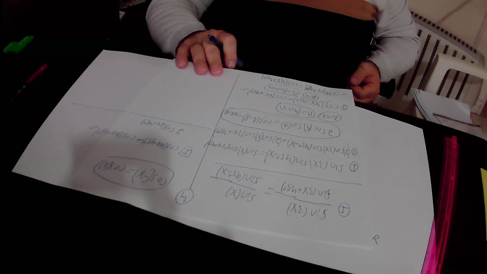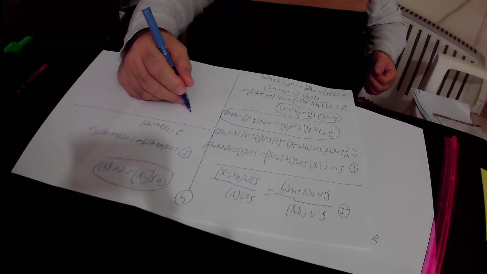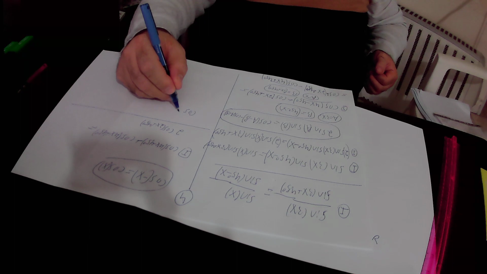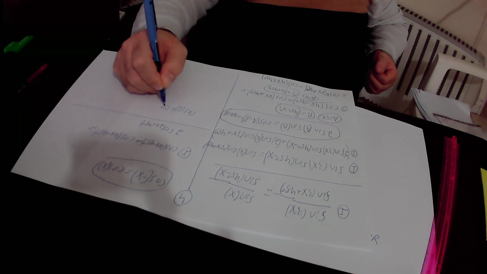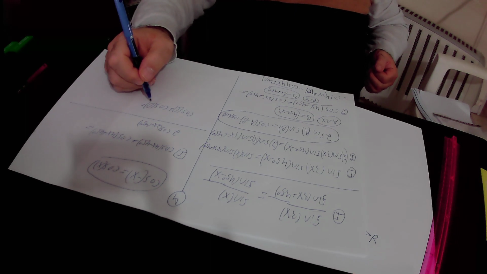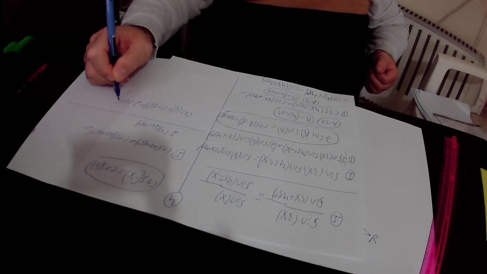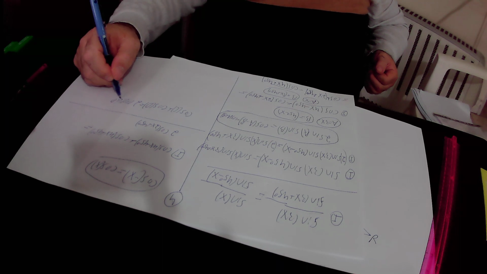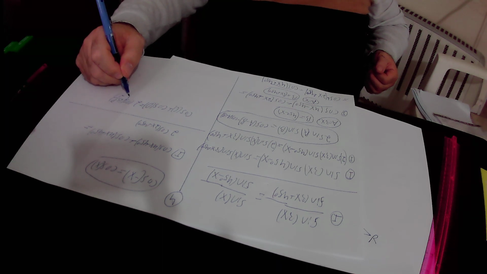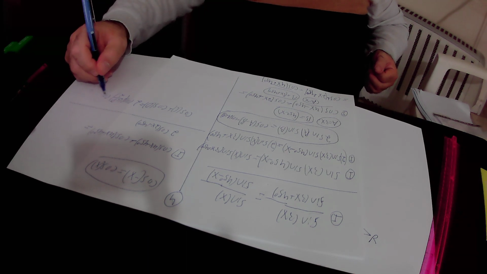We can use the trigonometric identity of cosine C plus cosine D equals 2 cosine C plus D over 2 times cosine C minus D over 2.